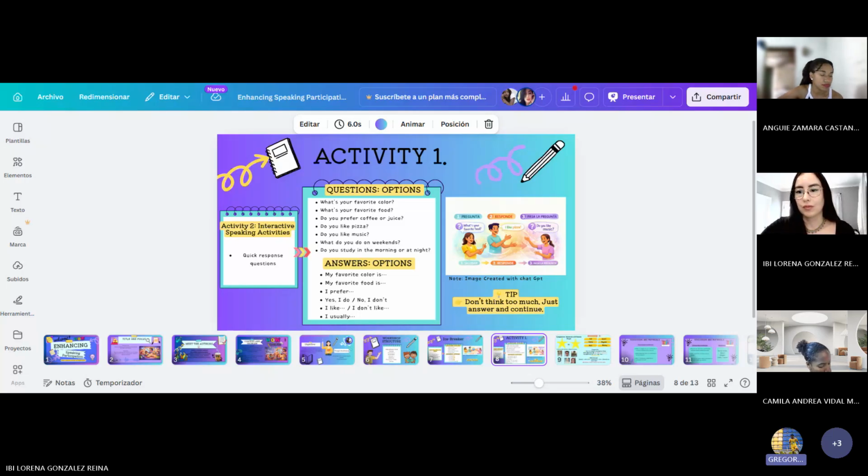Yoreli, do you prefer pizza or rice? I prefer pizza. Okay. Evie, do you like studying in the morning or at night? At night. I prefer to study at night. Okay, very good.